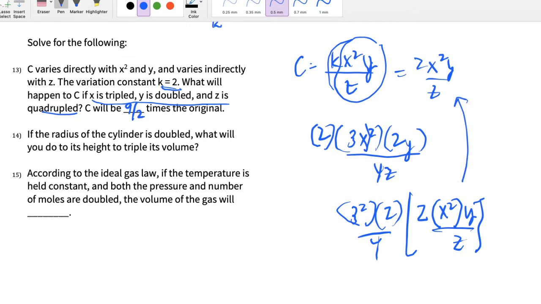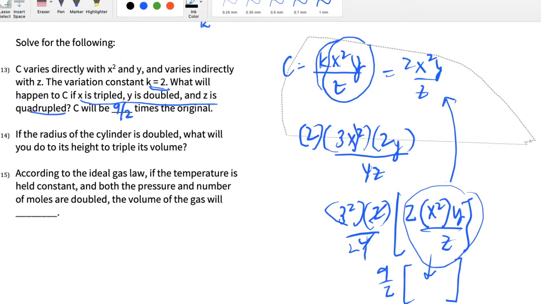So, ibig sabihin, kapag nag-triple ang x, pag nag-double ang y, at pag nag-quadruple ang z, meron kang 9 times 2 of the original. Okay? So, kakopy mo lang yan dyan. Okay, so, kaya yung answer is 9 over 2. Sige, how about the next one?